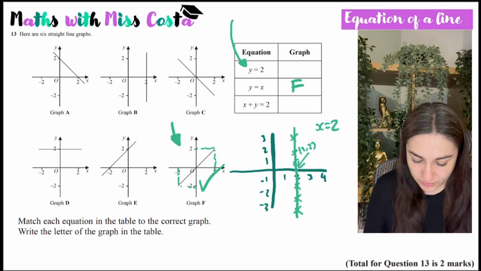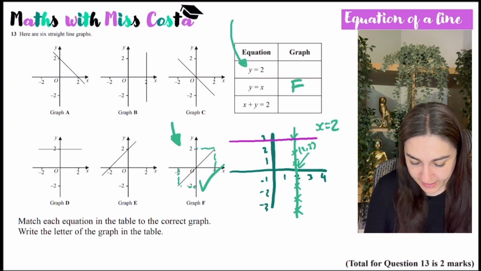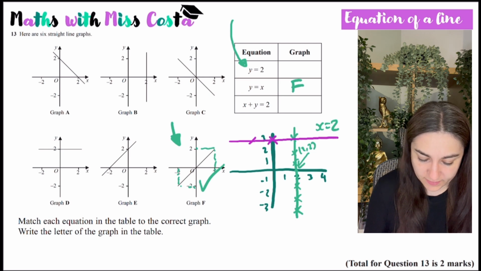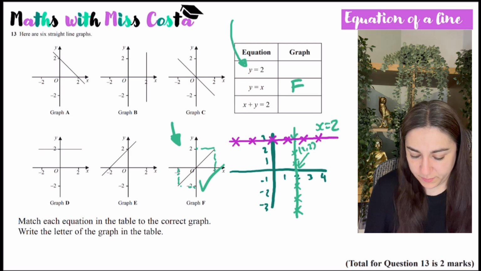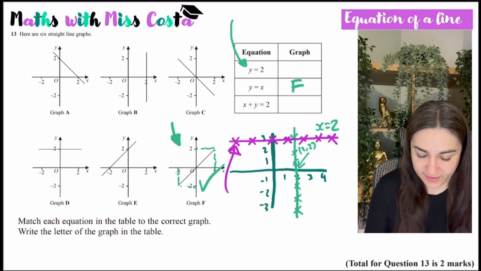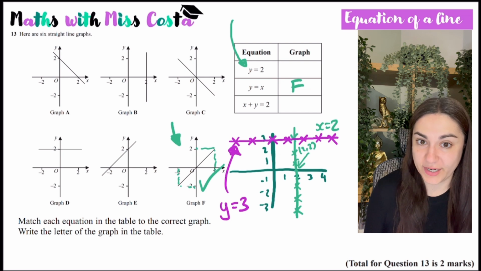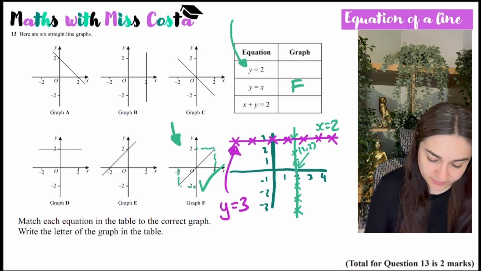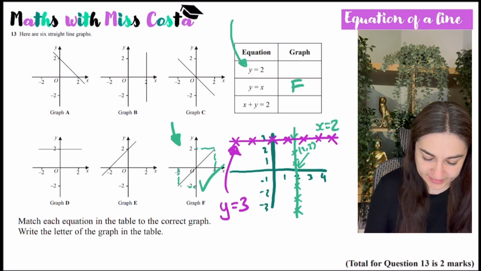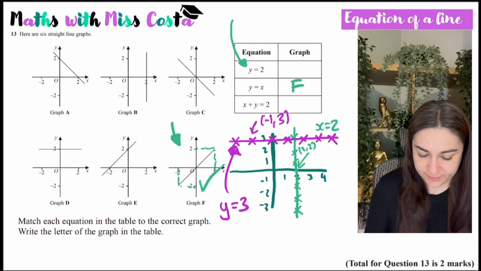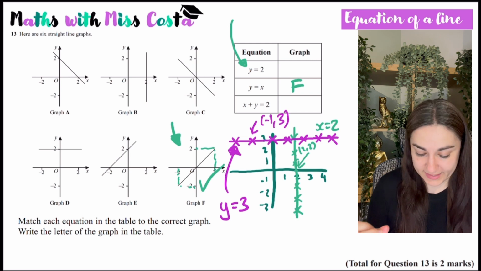Now horizontal lines, like this one here, if I look at the coordinates here, every y coordinate on this line would be 3, because it goes through the y-axis at 3. And so therefore, if I listed any coordinate, like let's say this one here, that's -1, 3. The y coordinate is 3.